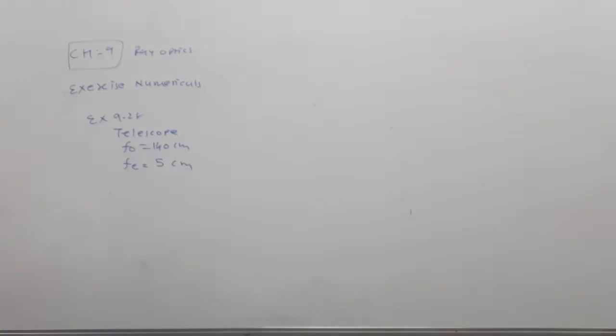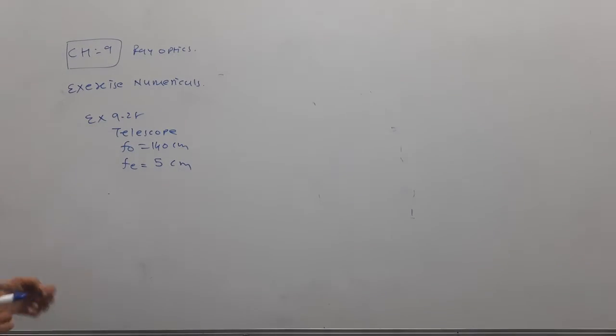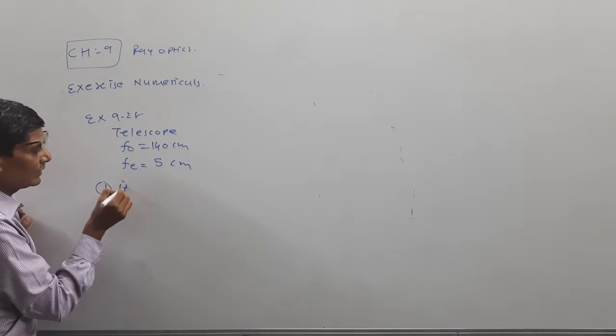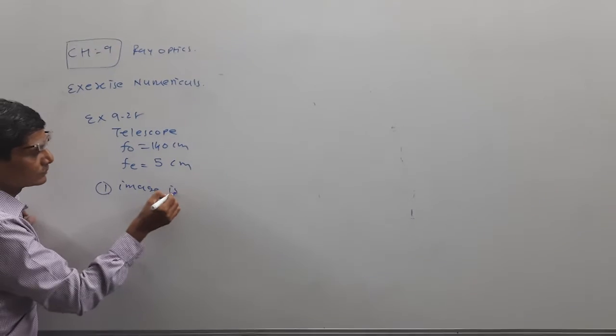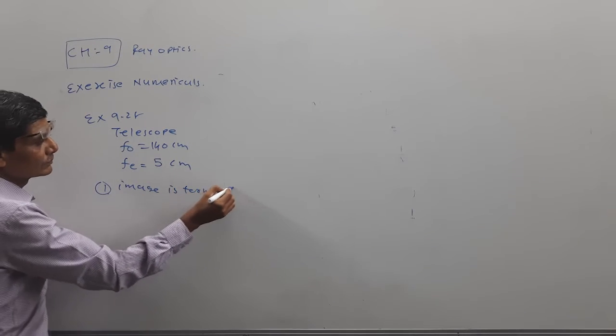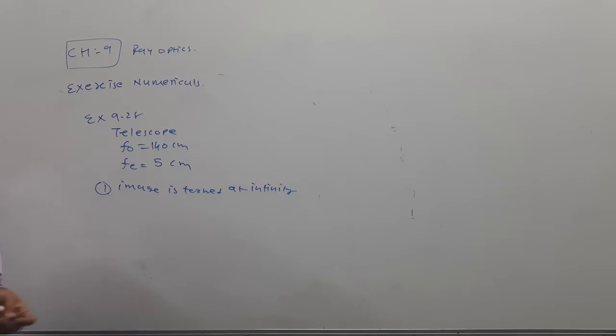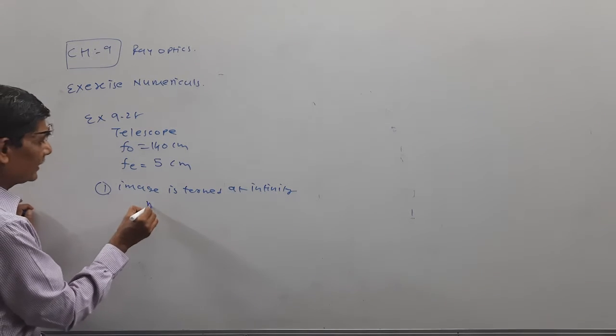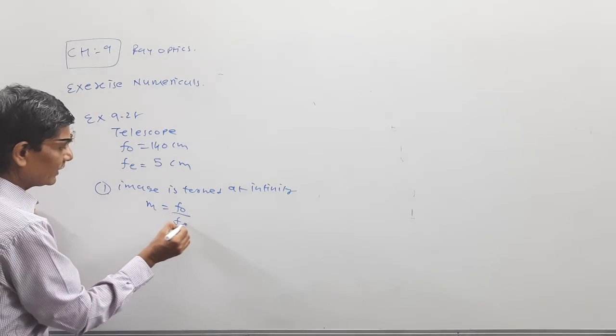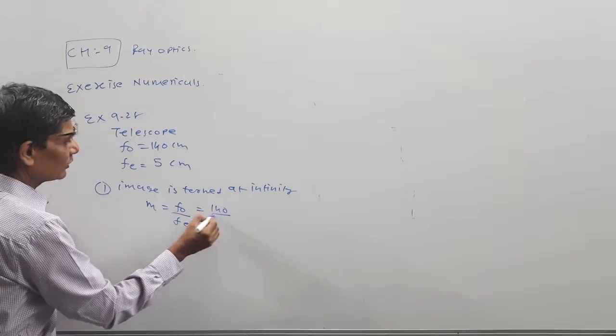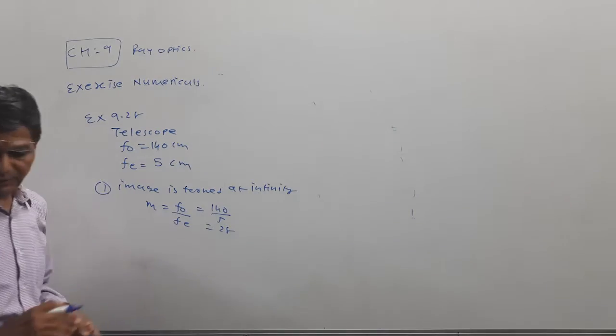You have to find out the magnification. First, the image is formed at infinity. When the image is formed at infinity, we use the simple formula m is equal to fo by fe, 140 by 5, that turns out to be 28.